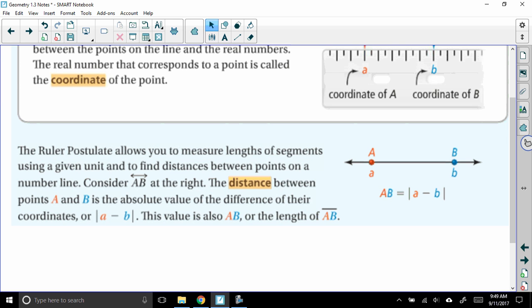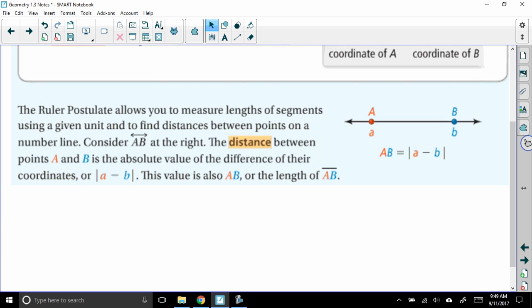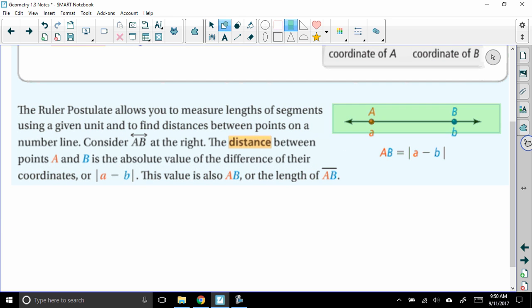Okay. This value is also AB, or the length of AB. So to clear a few things up, here you've got line AB. When you refer to the whole line, it's line AB with the line symbol above it like that. Well, when you talk about the distance from point A to point B, you're talking about segment AB.